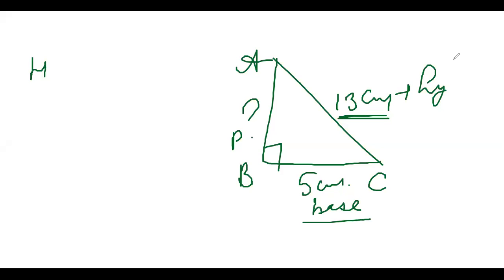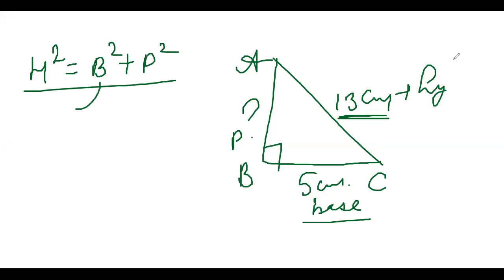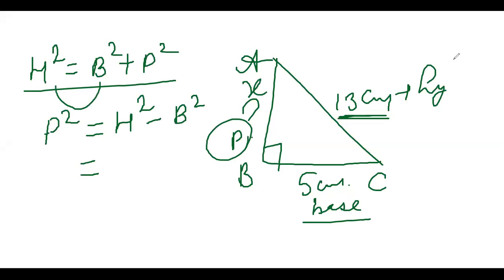Hypotenuse is given now. Base is given also. You are to find the perpendicular. So using the same formula, Pythagoras property, base square plus perpendicular square, here base square will be subtracted. The formula will be perpendicular square is equal to hypotenuse square minus base square. So let's take perpendicular as x.